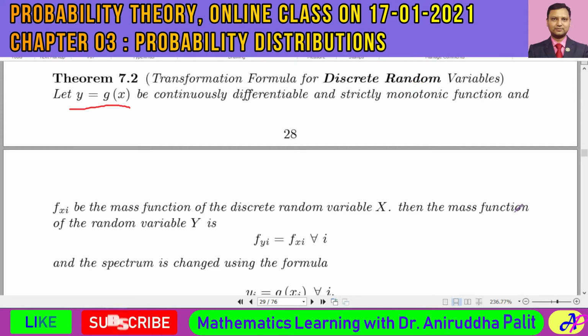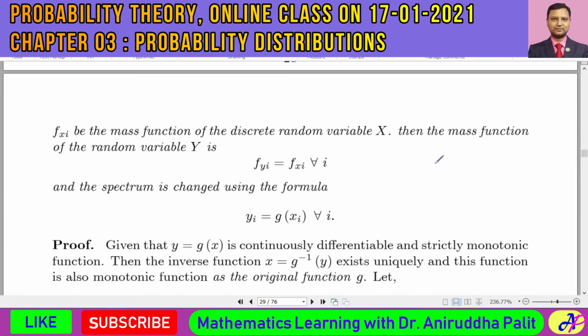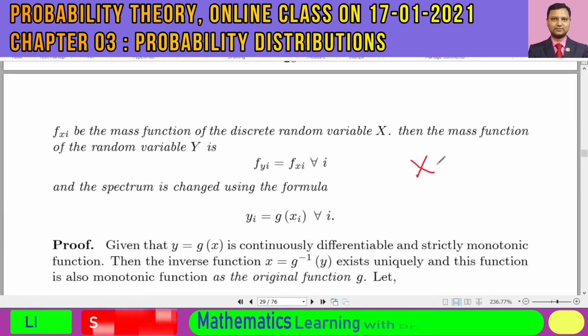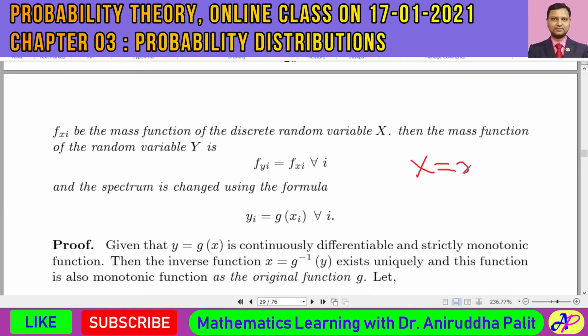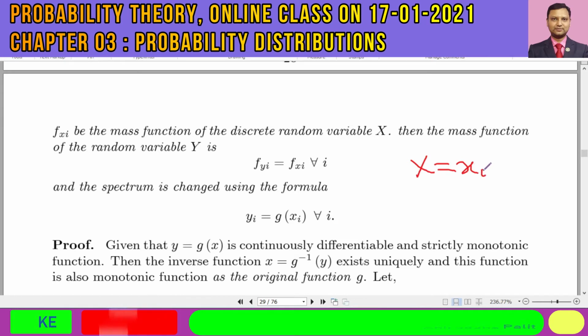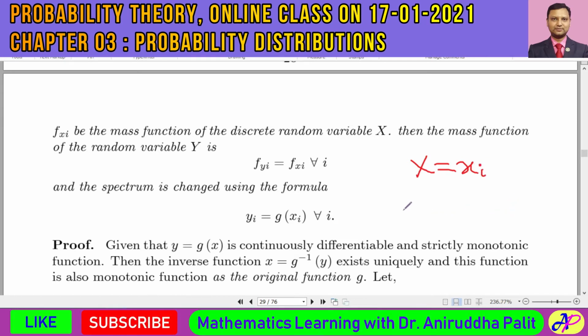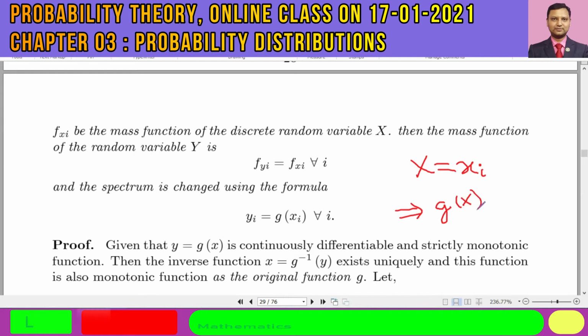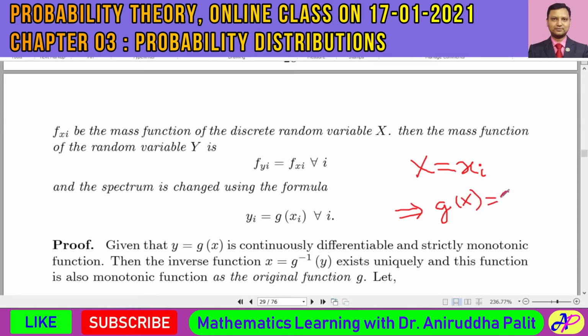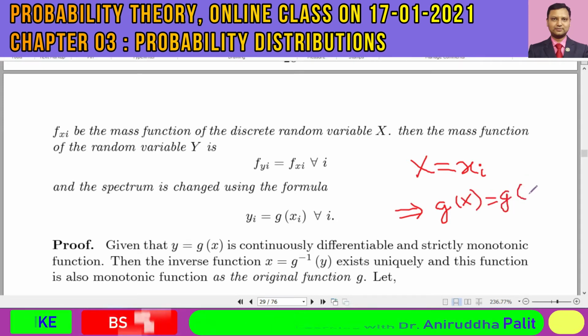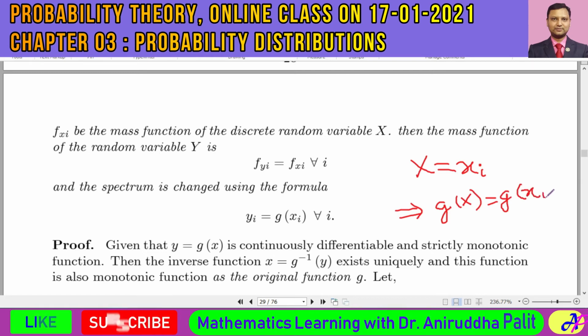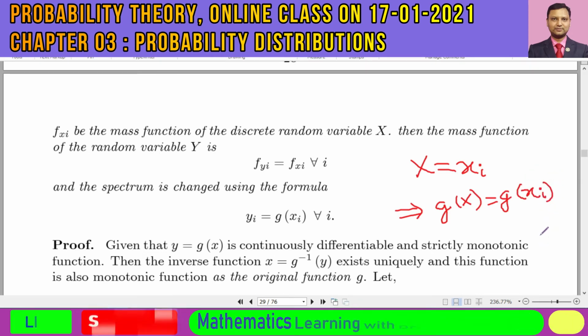Therefore, we can say that if x is equal to xi, then g(x) would be equal to g(xi). Here xi is from the spectrum of x.